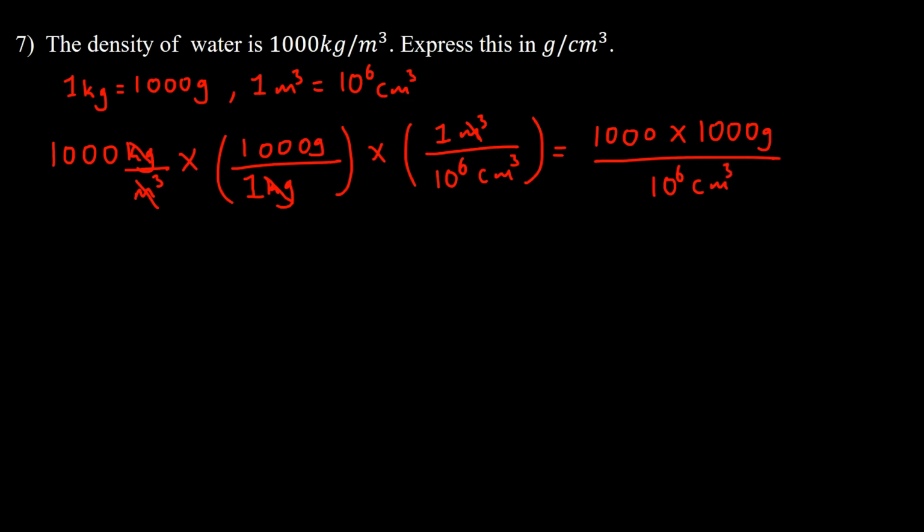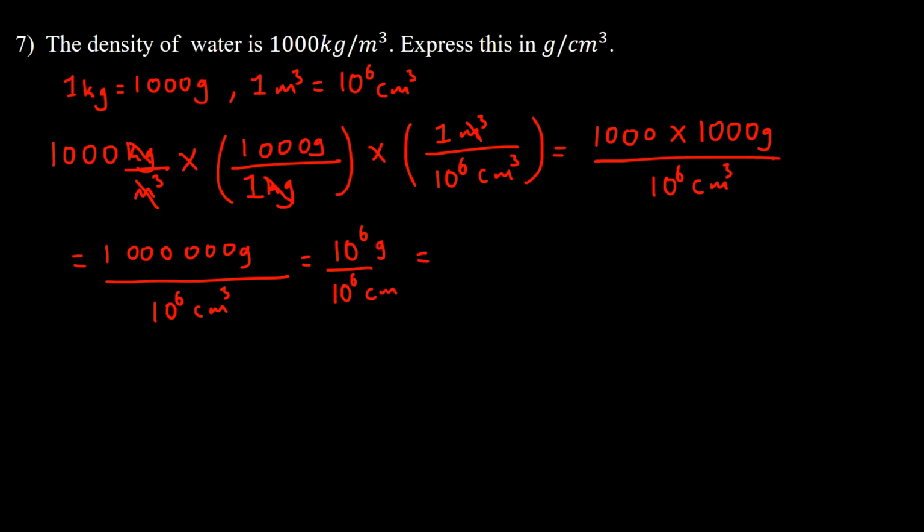So 1000 multiplied by 1000, this gives us 1 million grams and then divide by 10 to the power 6 cubic centimeters. We can express 1 million as a prefix as well, 10 to the power 6 grams. And then we also have 10 to the power 6 cubic centimeters down there.